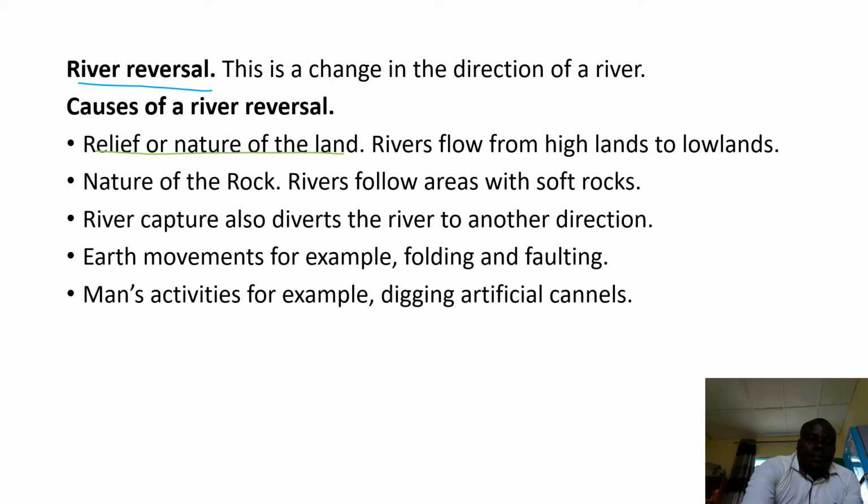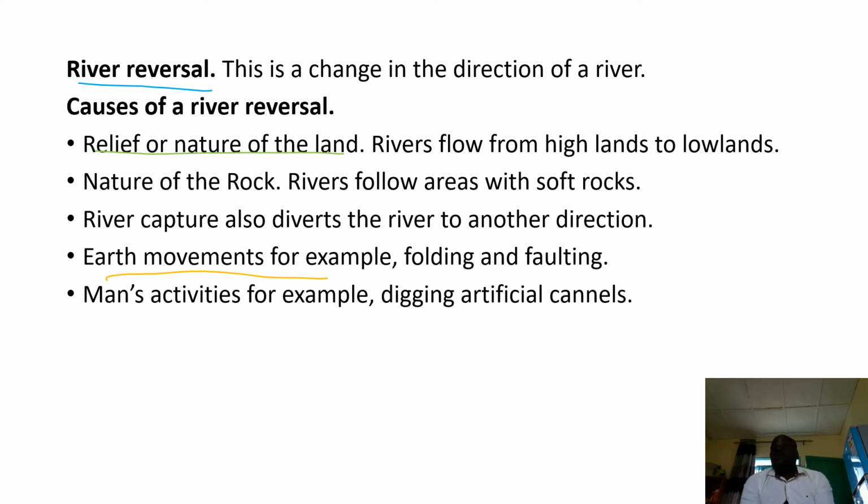Then we have earth movements, for example, folding and faulting. We have rivers which we call fault-guided rivers. They follow the fault valleys. Therefore, faulting dictates where the river should flow.